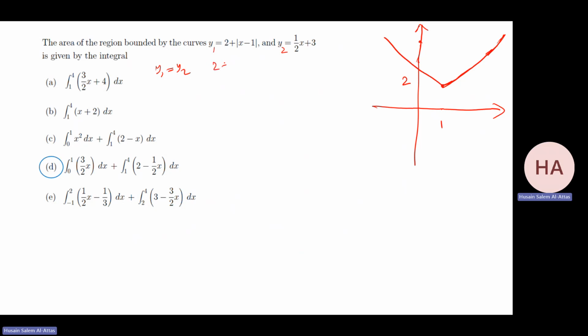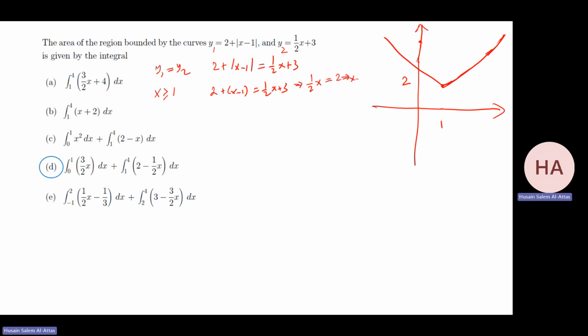I equate the two. How to solve that? I take it in cases. If x is greater than or equal to 1, so I have this. It will be 2 plus x minus 1 equal half x plus 3. Take this to the other side, half x equals what? 3. 2 minus 1 is 1.